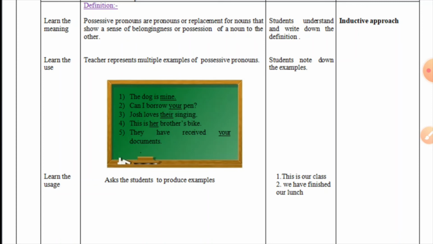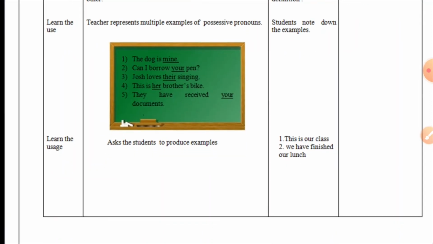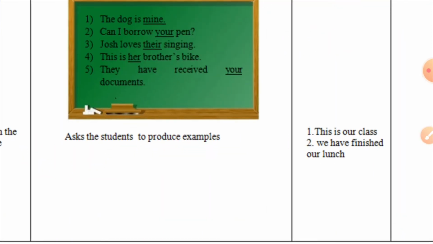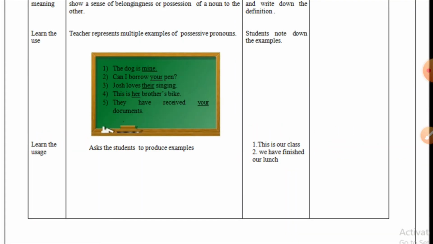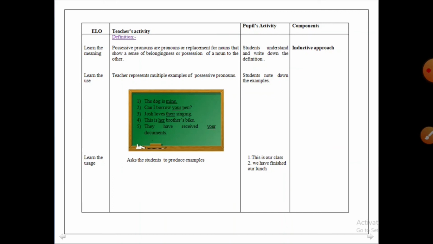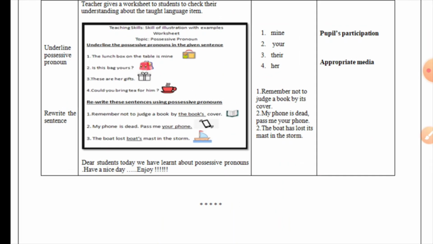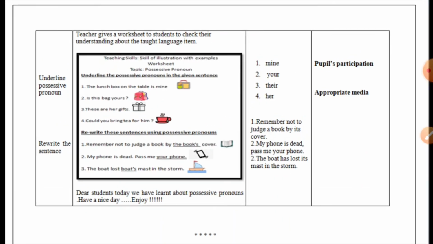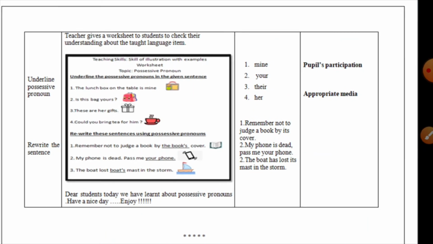Then the teacher asks the students to produce examples to ensure whether they understood it or not, right? So when you try to test the students, I have given a worksheet here. When you test the students on the basis of your given definition, that becomes your inducto-deductive approach. First giving the example, involving the students, reaching the definition, and closed.